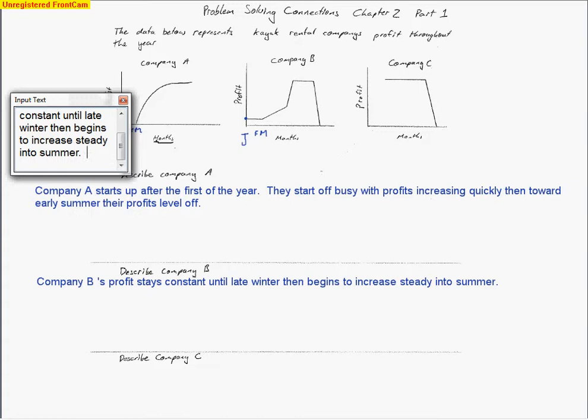And then we'll say the profits rise quickly for a short time until midsummer.